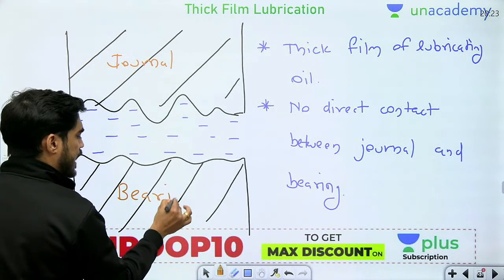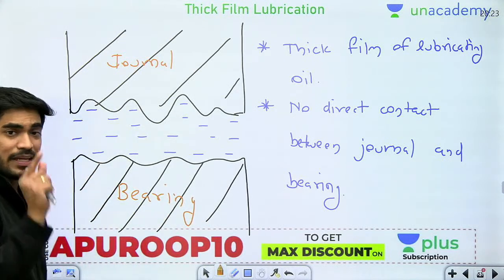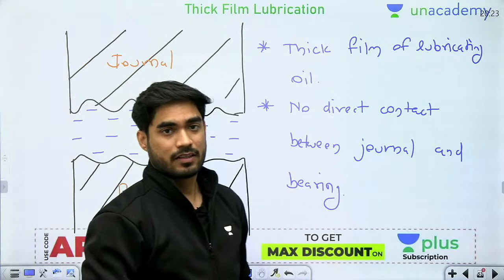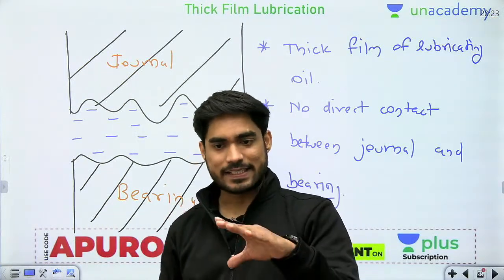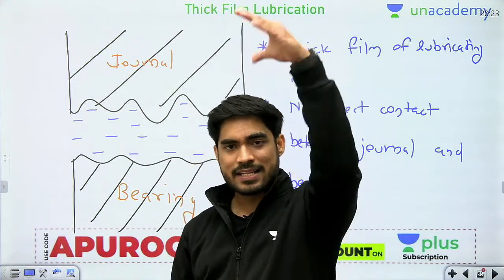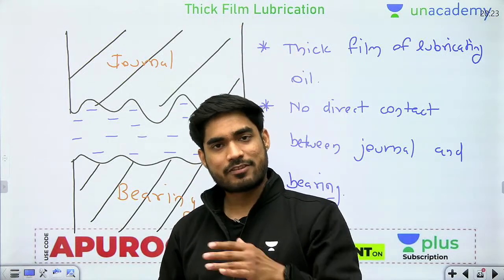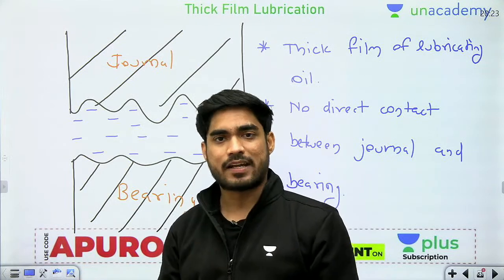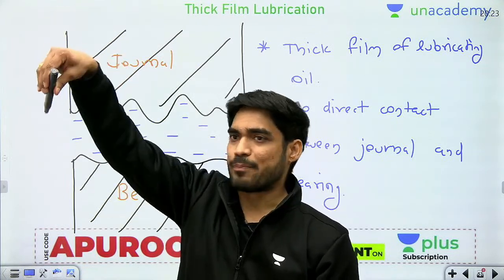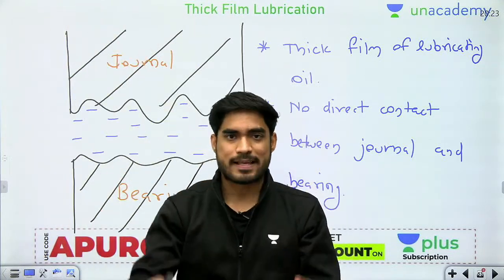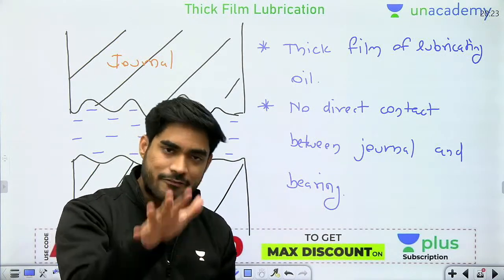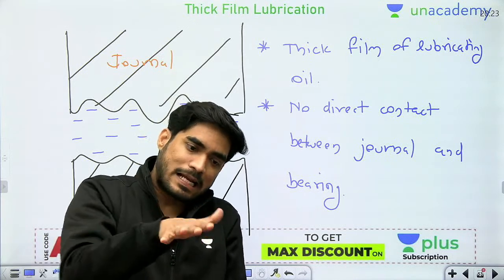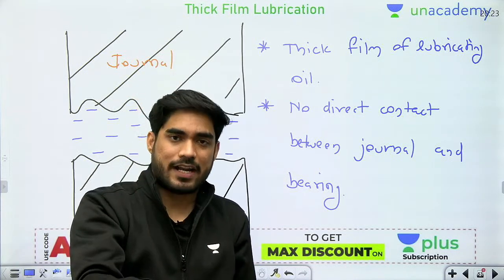So the lubricating oil must be pressurized. For example, if there is compressed air, then it can support the load, right? But if the air is at atmospheric pressure, can it support the load? If I put some compressed air in a chamber and put a weight on that chamber, the compressed air will hold that weight.